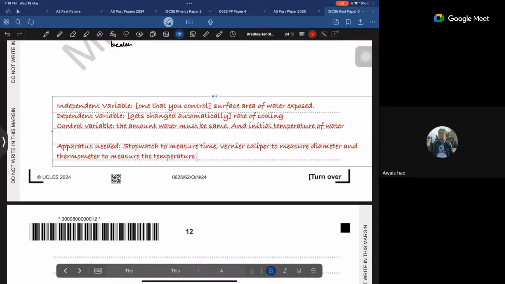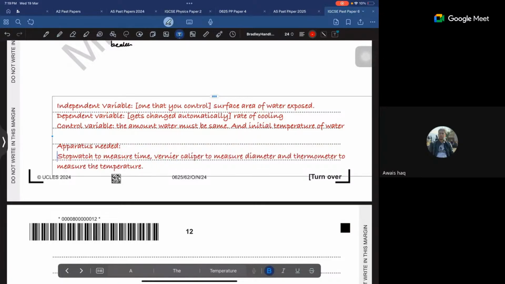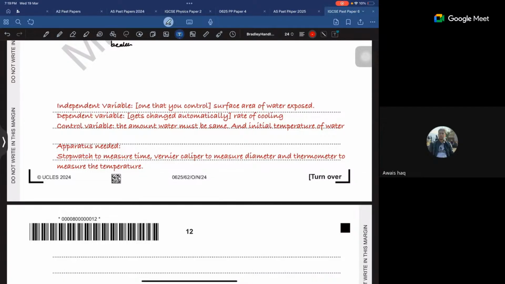So these are basically the few things that you should be taking into account, too. Any questions, please, here? Up till now, two parts are answered.